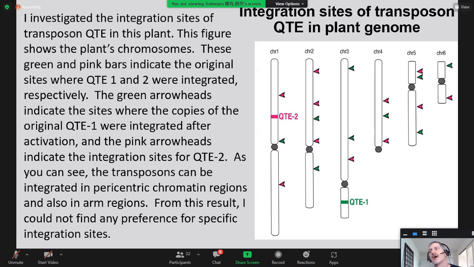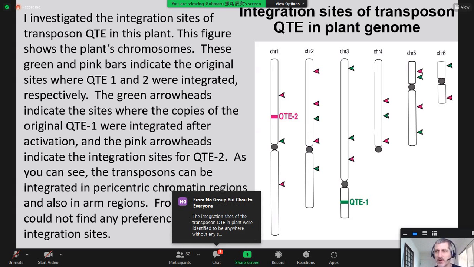So I tried to find out by comparing the QTE1 and QTE2 insertion sites." Okay, so basically you're going for a partial conclusion, right? But maybe be a little bit more specific about what you mean by feature. And then I think it could be okay as a partial.